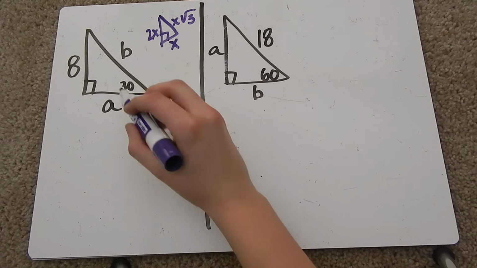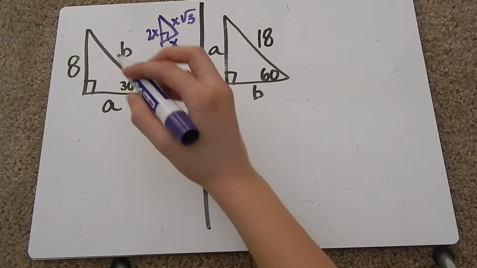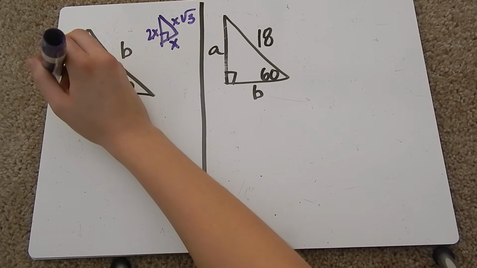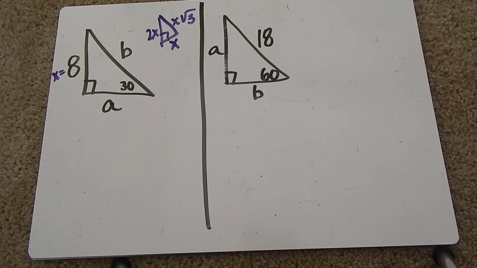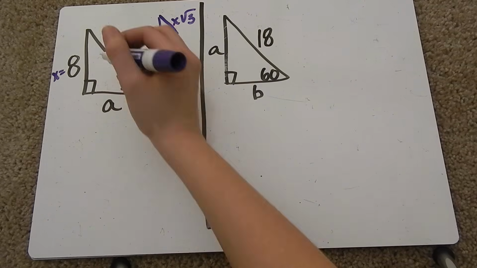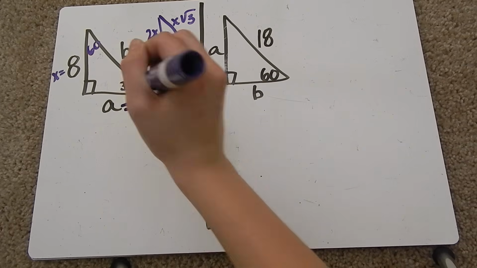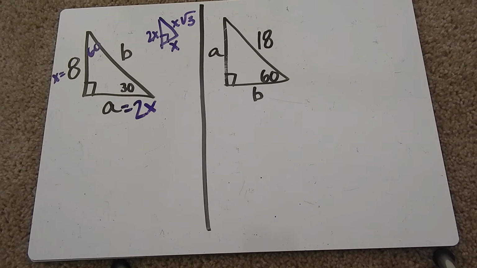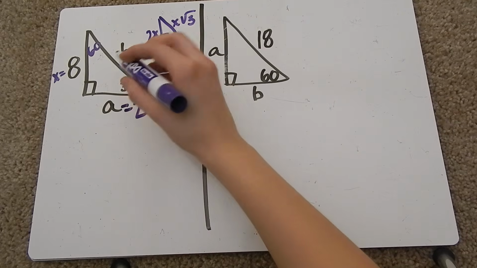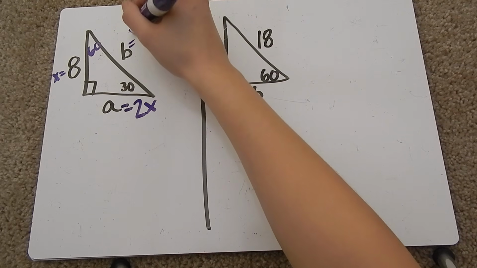Across from the 30-degree angle, which is labeled here, this is going to be x. Across from the 60-degree angle, which isn't labeled, but we know that's here, that's going to equal 2x. And across from the 90-degree angle, it's going to be x square root of 3.